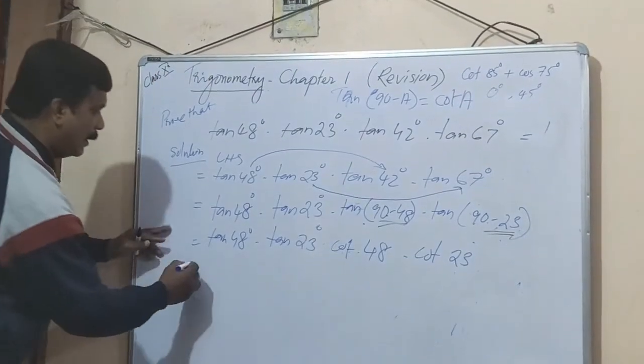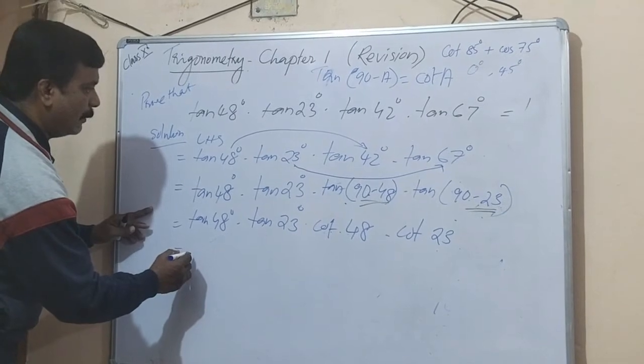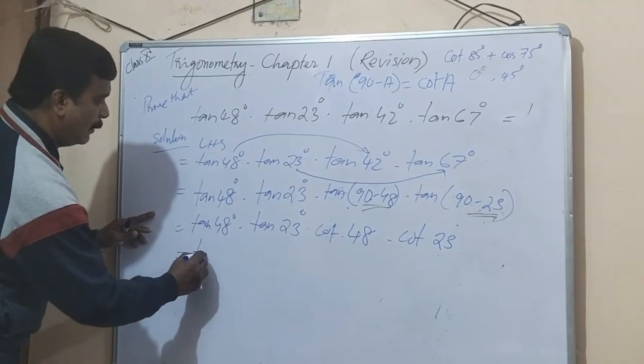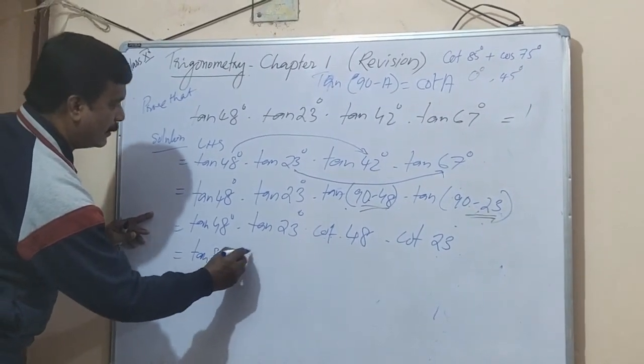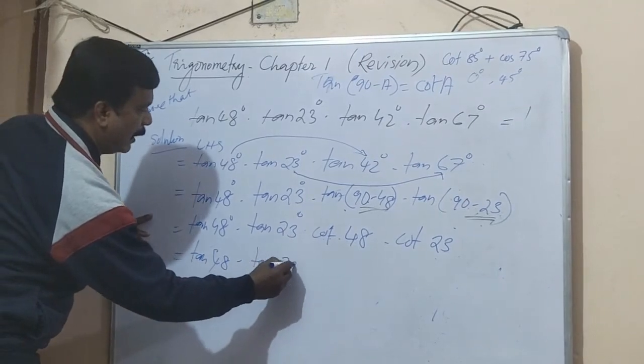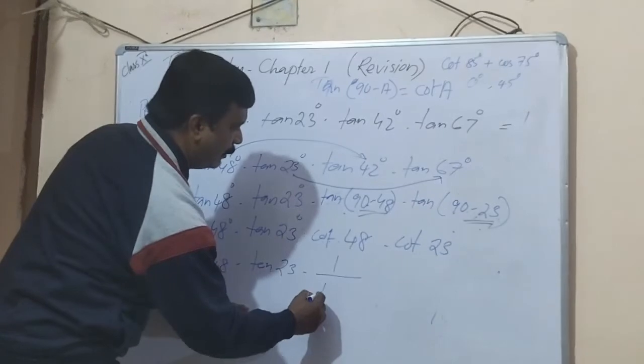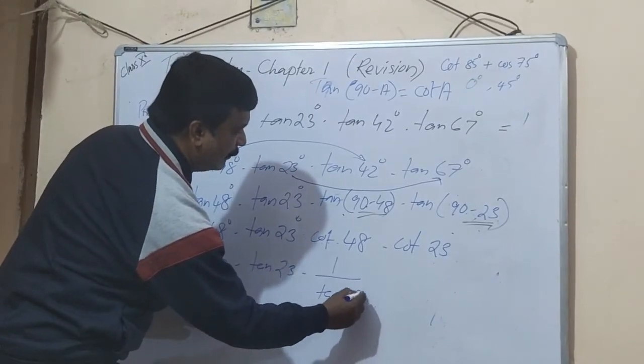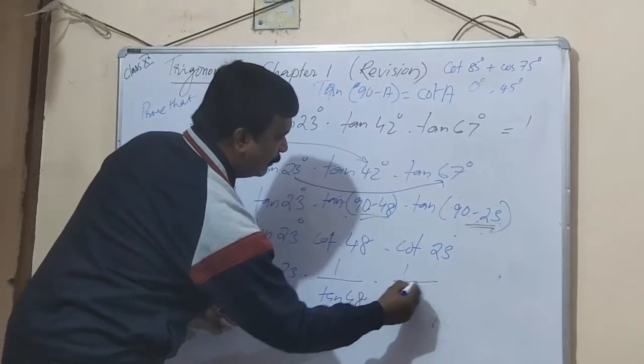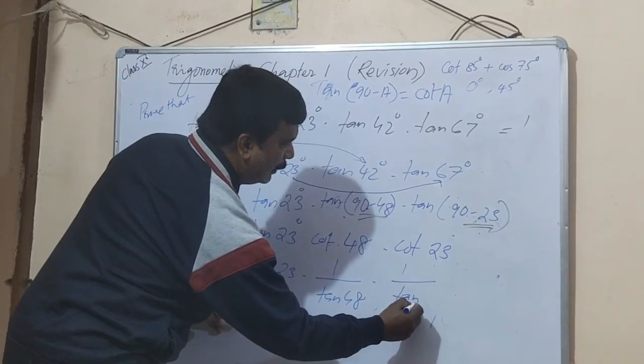Now tan 48, tan 23, and cot as the reciprocal we can write as 1 upon tan 48 and 1 upon tan 23.